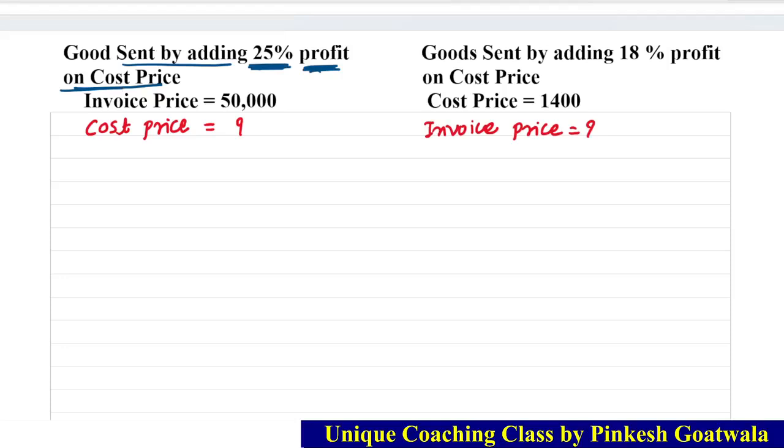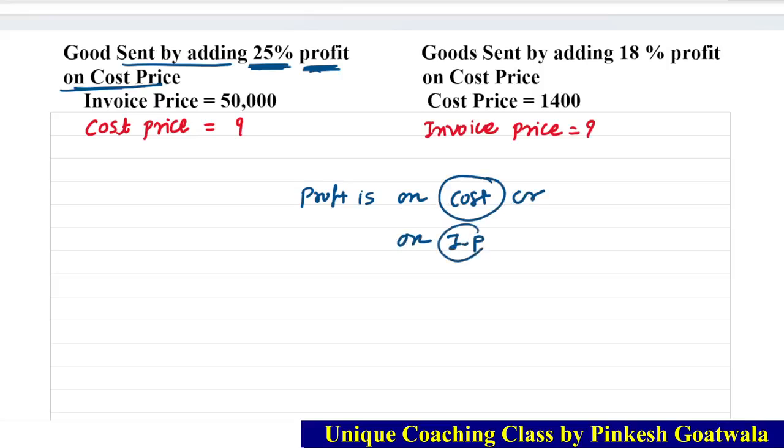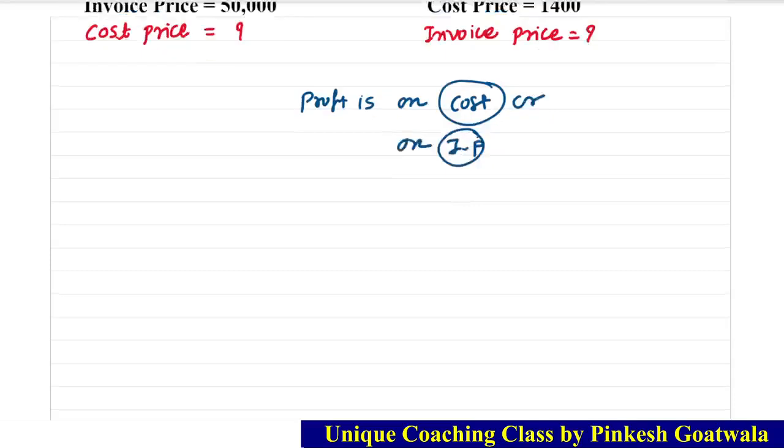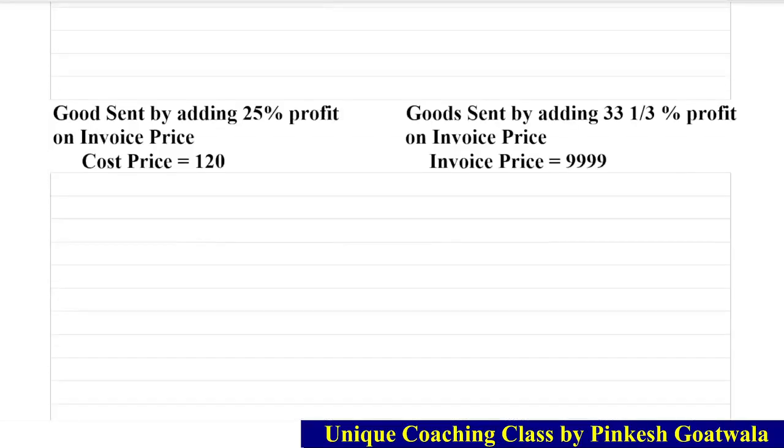Whenever in a question they give profit, just check whether the profit is on cost or on invoice. There are these two types of points: profit is on cost, or profit is on invoice. In this point profit is on cost, here also profit is on cost. On which is profit calculated? 25 and 80 are on cost. Okay, it is calculated on cost price.